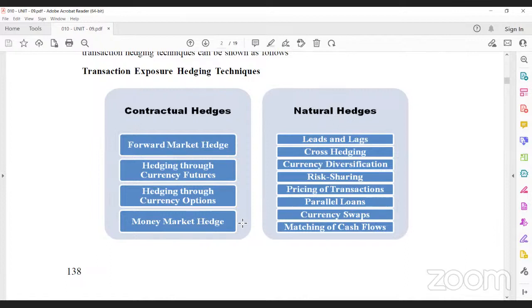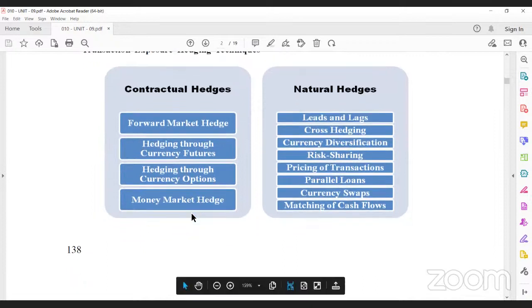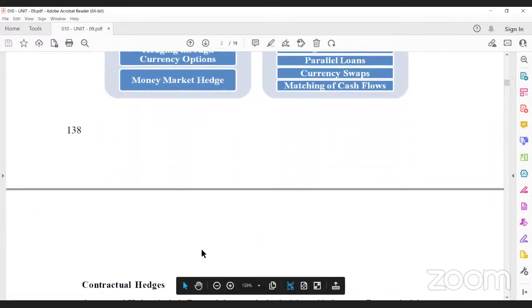Under contractual, we have 4 sub techniques: forward market hedge, hedging through futures currencies, hedging through currency options, money market hedge. Under natural hedges, we have leads and lags, cross hedging, currency diversification, risk sharing, pricing of transactions, parallel loans, currency swaps, matching of cash flows. So let us now understand each.